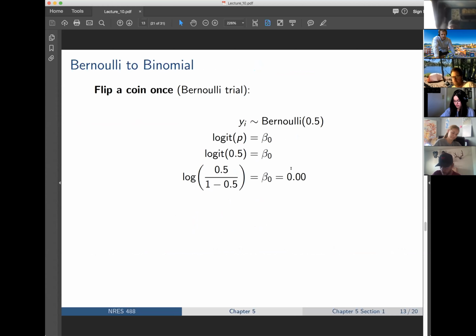Okay, so this is mainly a review of how we go back and forth between our probability of success and then what our parameter values are. So when we run a model in R and it gives us an estimate for the intercept, and that intercept equals 0, after we go through this inverse logit function, it's going to tell us that the probability of success is 0.5.